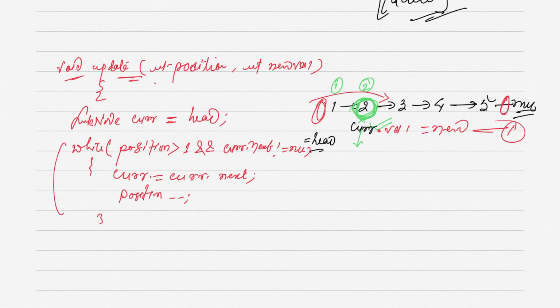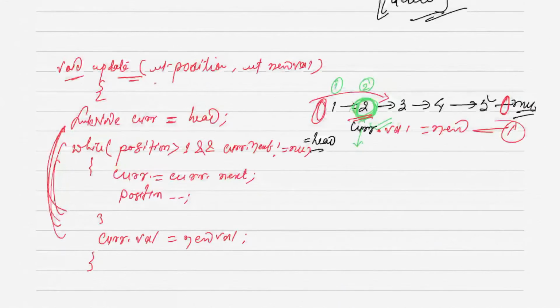So this is the while loop. Once you come out of the while loop, you are going to get the specific position's node, and you can do current dot value equal to new value, and we are done with update. So this is the function.